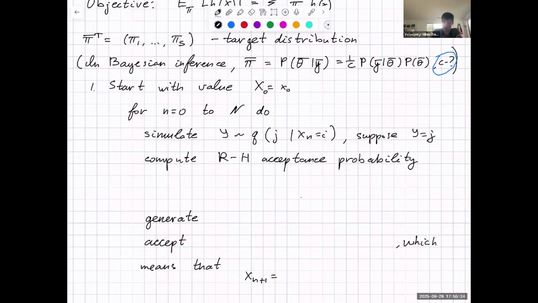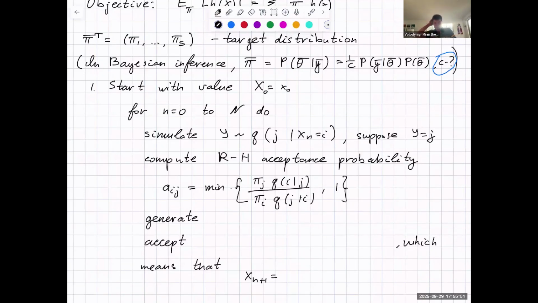And then we're going to compute the acceptance probability, which is called A_ij, which is going to be the minimum between π_j q(i|j) over π_i q(j|i), and 1. It's a kind of weird symmetry here.